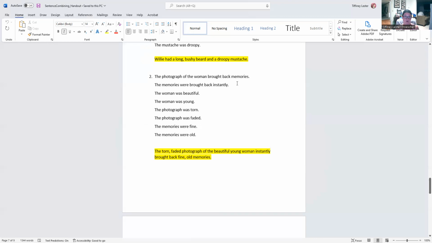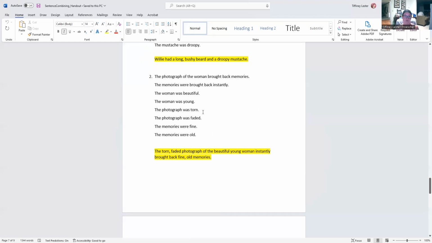Right? So we have this sentence here that has 3 nouns in it: the photograph, the woman, and memory. Each of these following sentences provides information about one of those nouns. So let's restructure everything and place those adjectives, that information, next to each corresponding noun.